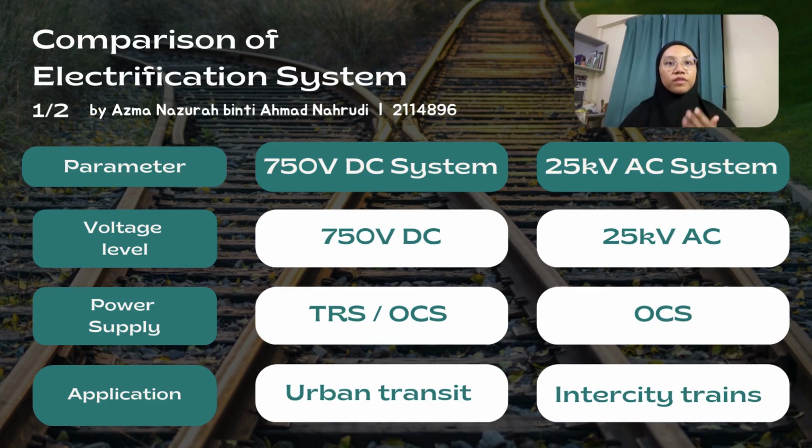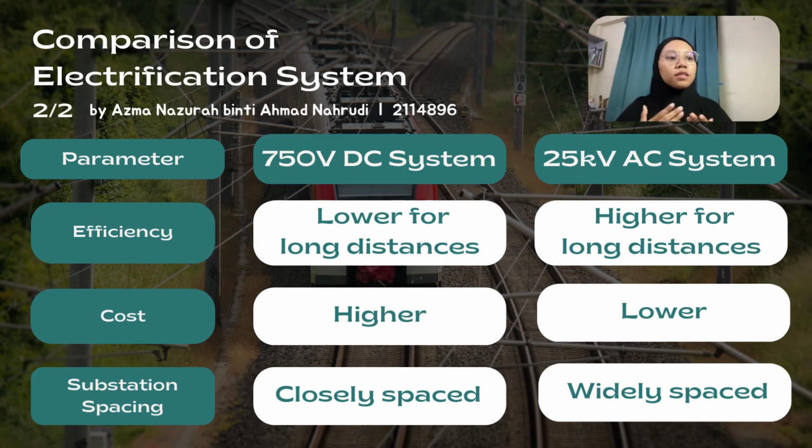Also, for safety reasons, when the urban area is full of people, we need a very small system voltage, and the 750 volt system is very suitable for urban areas. Like I said before, the application is very related to efficiency, so the 750 volt DC system has lower efficiency for long distances, while the 25 kV system is very good for long distances. The efficiency is higher.